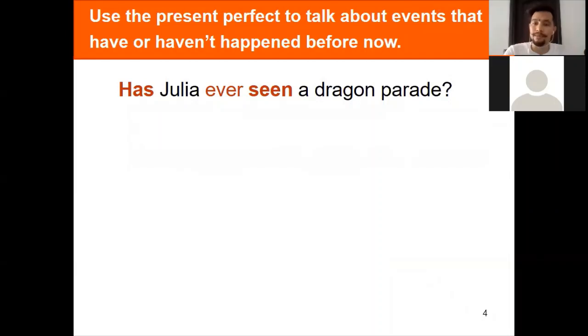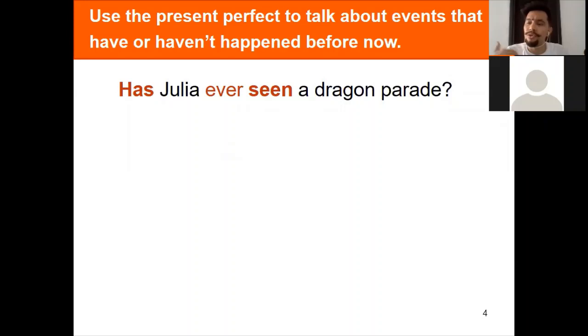We can also use present perfect to speak about actions or events that have or haven't happened before now. For this kind of thing, we use questions and we use the word ever, which gives the intention in Spanish of alguna vez, right?